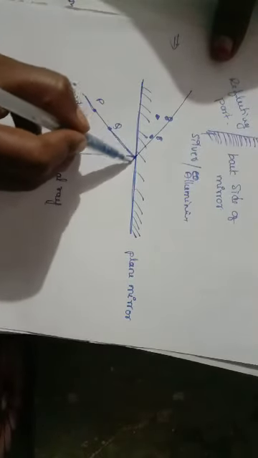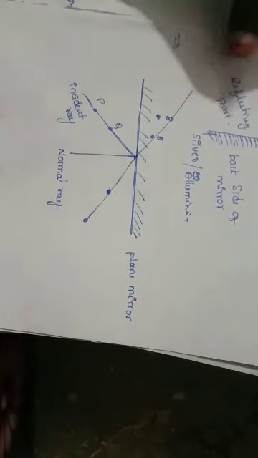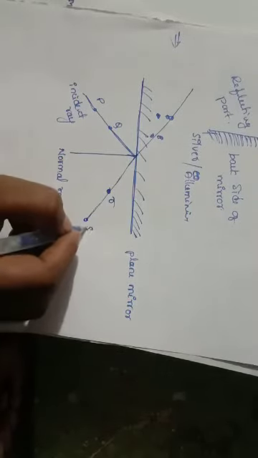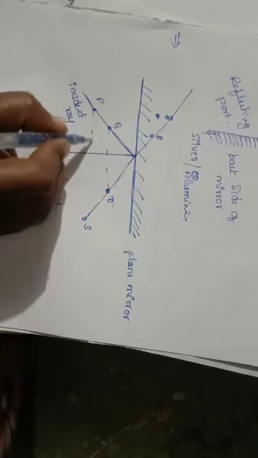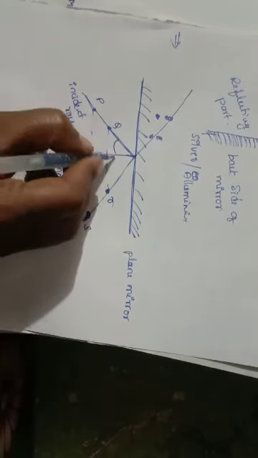Let us take P and Q. Observe from this side, this should be in a straight line. Try to see the straight line correctly and place two more pins, R and S, like this and also a little bit in front. Yes, so try to measure this angle a little bit.